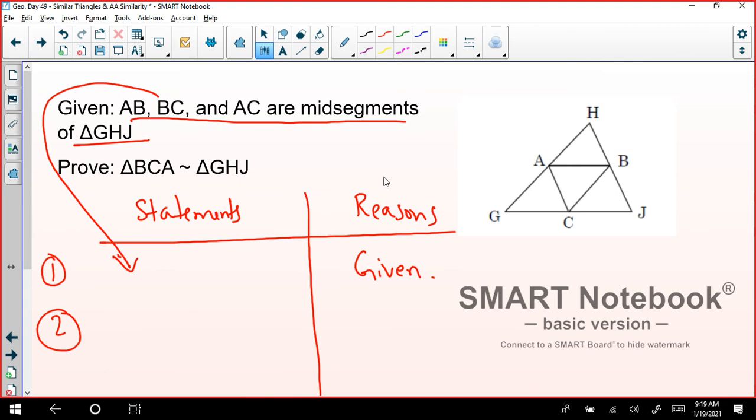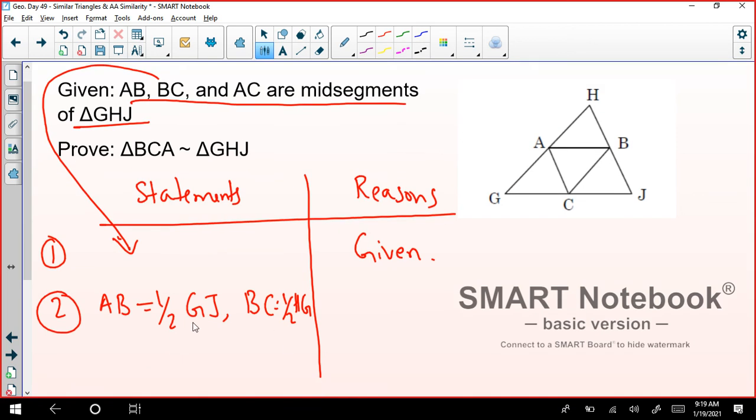AB, BC, AC are midsegments, which means that AB equals half of GJ, BC equals half of HG, and I can also say that AC equals half of HJ.